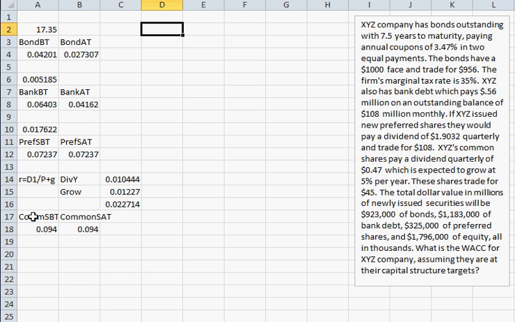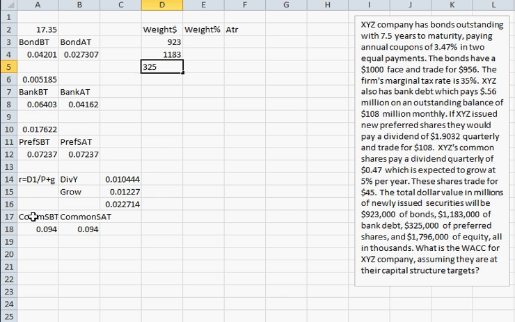So now we need to do the weights. Weights are the percentage, evaluated as a percentage, of the different financing sources. So we'll have weight in dollars, weight in percent, and then the after-tax return, and we will be multiplying these together and summing the total for all combinations. So my weight in dollars, in order: bonds are $923,000. Bank debt is $1,183,000.